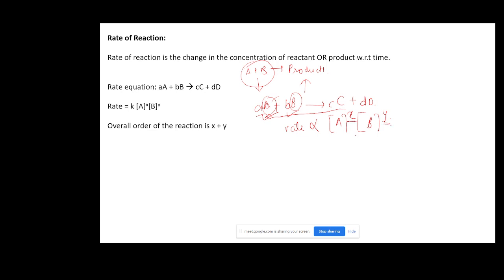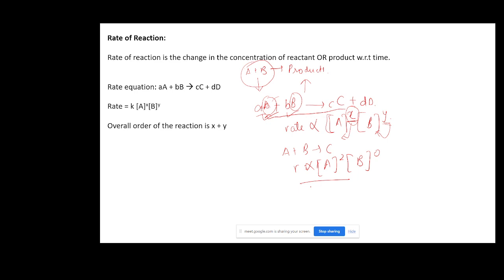Now here x and y are termed the order with respect to A and B: x is the order with respect to A and y is the order with respect to B. These represent how the rate of reaction will progress with respect to the concentration of A. Say for example, if you have the reaction A plus B gives C and the rate is proportional to A power 2 B power 0.